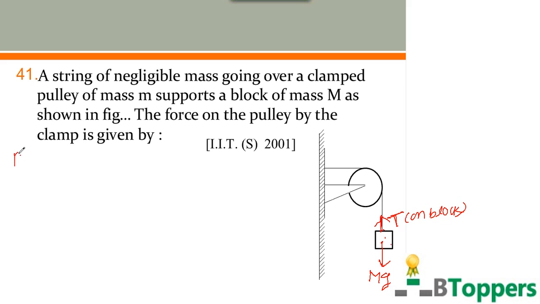So the magnitude of the resultant force on the block in the upward direction is equal to T minus Mg. But the block is in equilibrium, so this must be 0. So the magnitude of tension in the string is equal to capital M into g. Let us consider the forces acting on the pulley.